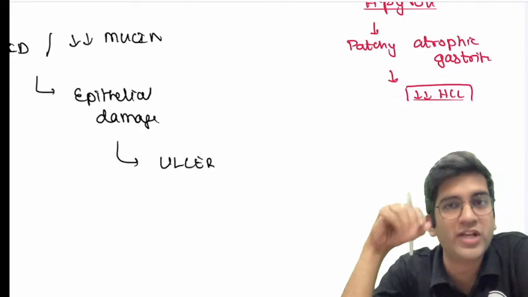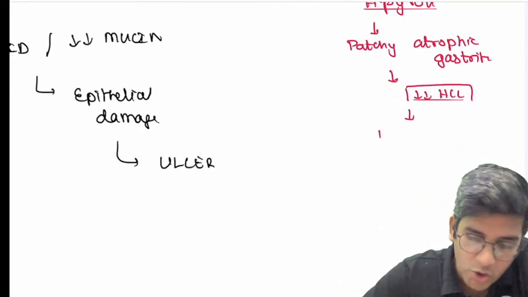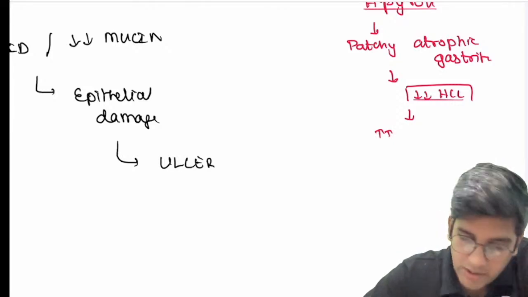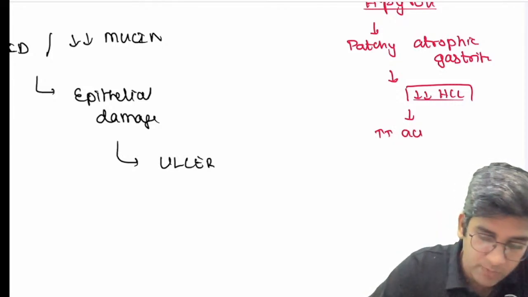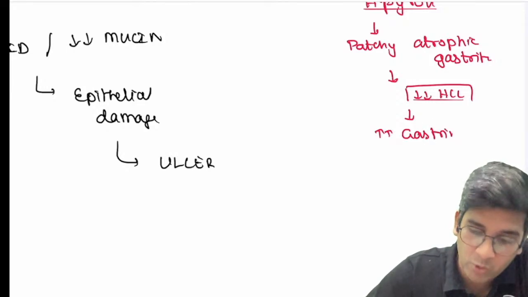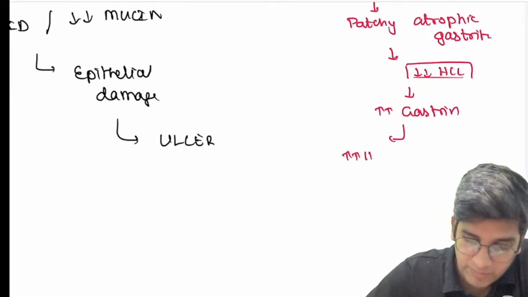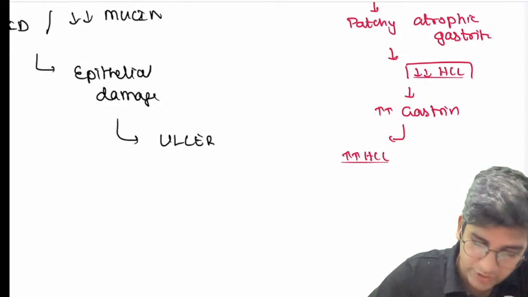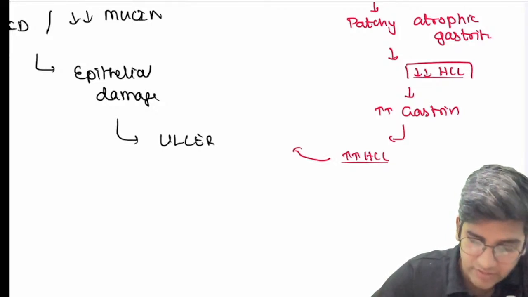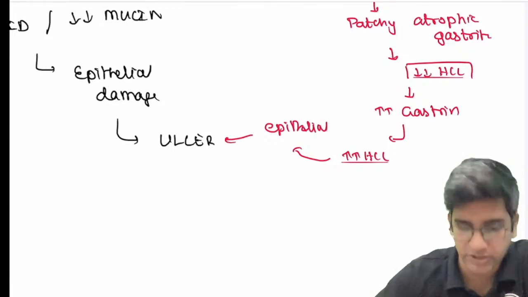I'm having reduced HCl because of gastric atrophy, so I'll have by default more gastrin secretion. The gastrin becomes more, and by default it will increase your HCl production. This HCl production will increase the epithelial damage, and this will cause peptic ulcer disease, right?